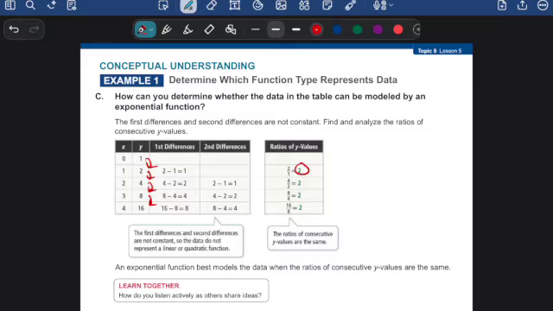And if you have a constant ratio, a common ratio, then we know it's exponential. And you would write your function as initial value times the growth rate or decay rate with x in the exponent. So again, exponential functions is your last choice, your last check if you don't have a first difference or a second difference that's constant. Then you check the ratio.